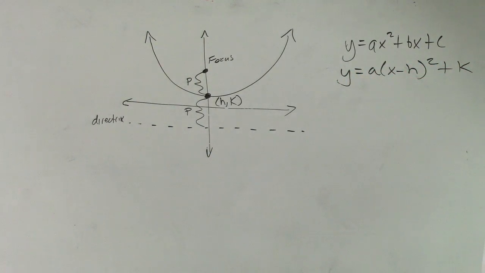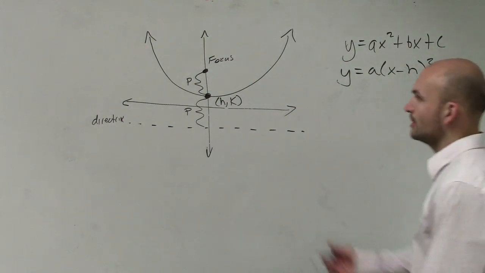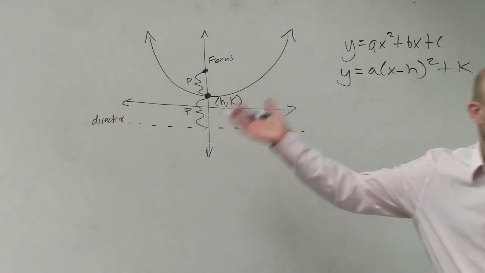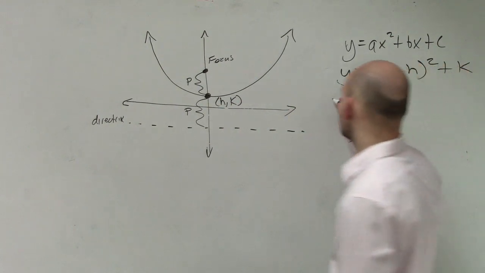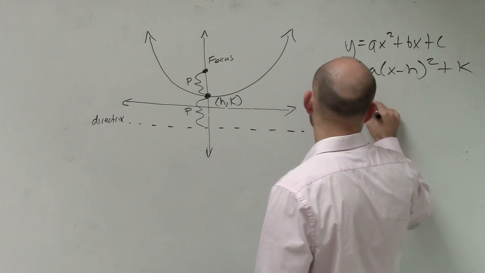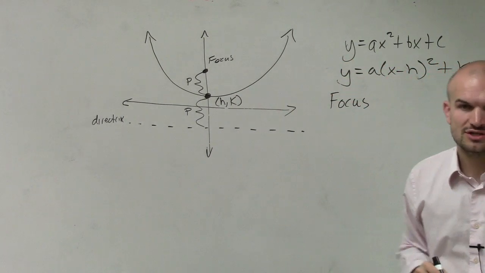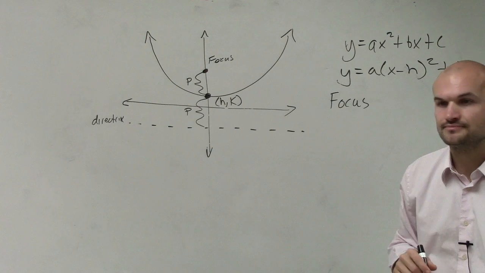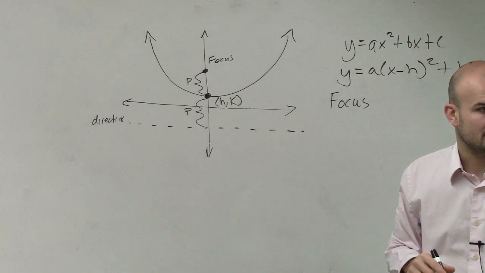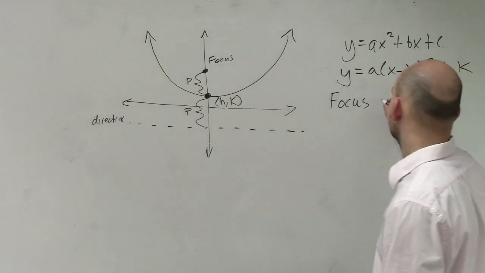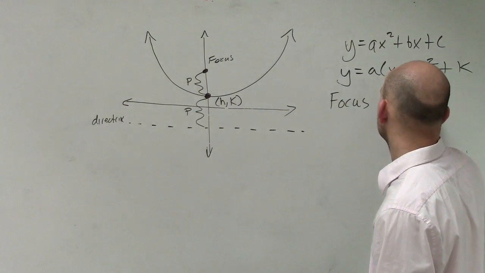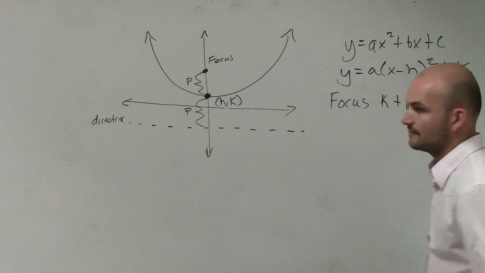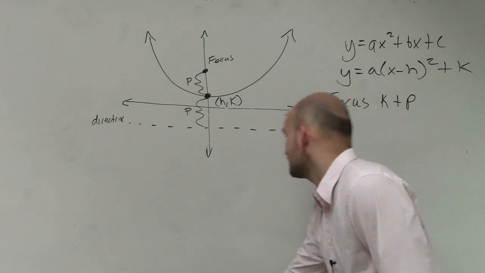Let's go through some basic definitions real quick before we even get into a formula. If I give you a parabola and I give you the vertex, do you think you can figure out what the focus is for this vertical one?